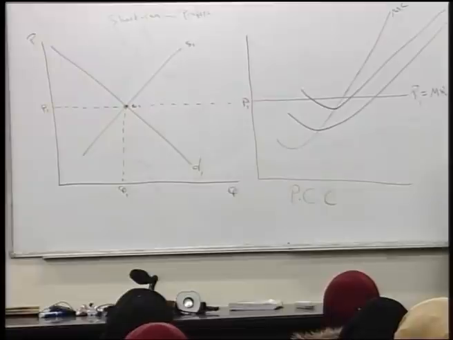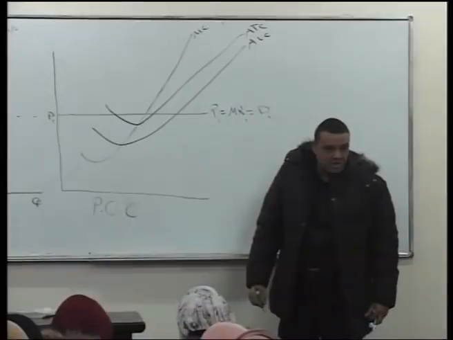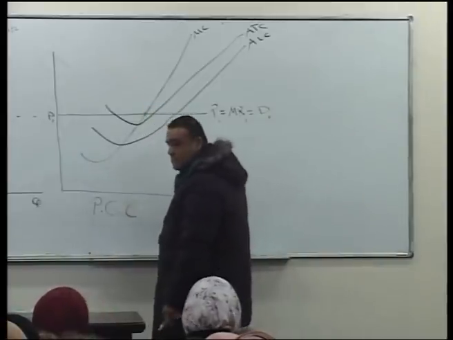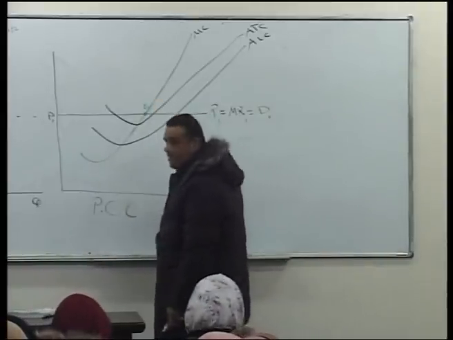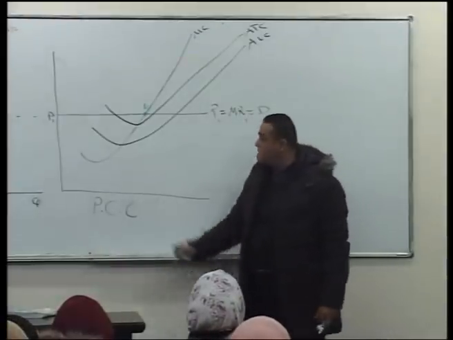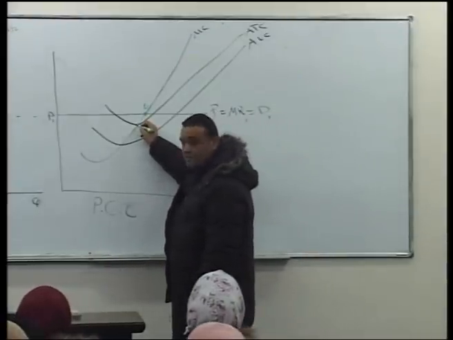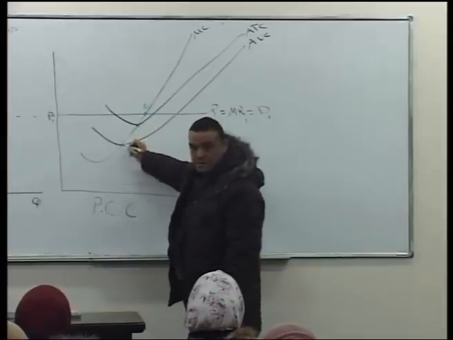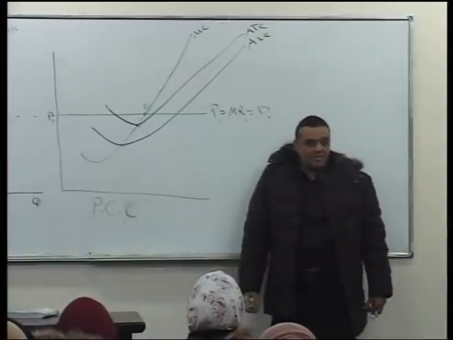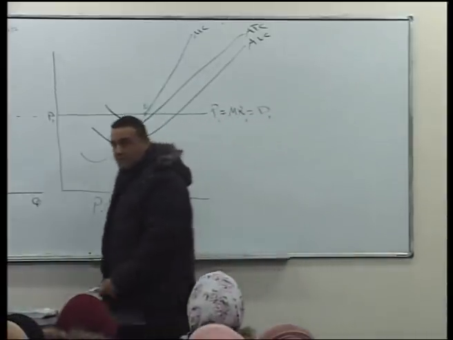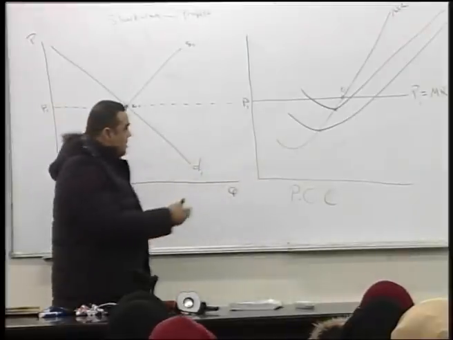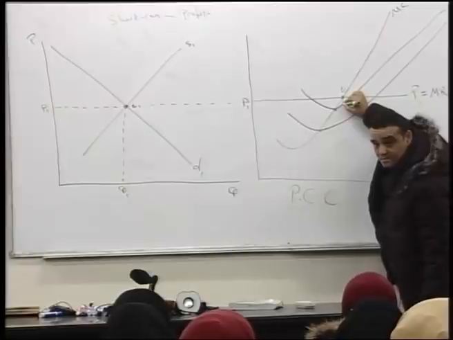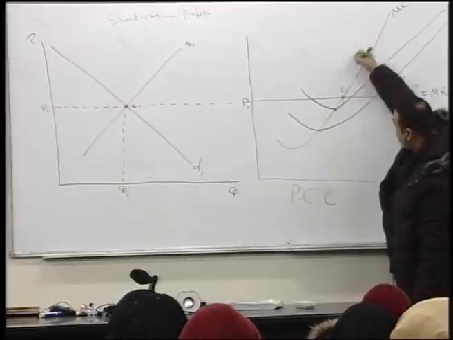The equilibrium occurs when marginal revenue equals the marginal cost. Right? Here. This is the equilibrium point. Right? Where's the break-even point? Here. Right? Where's the shutdown point? Here. Right? To determine if we have profits or loss or break-even, we have to take a vertical line from the equilibrium point to ATC here. Right?